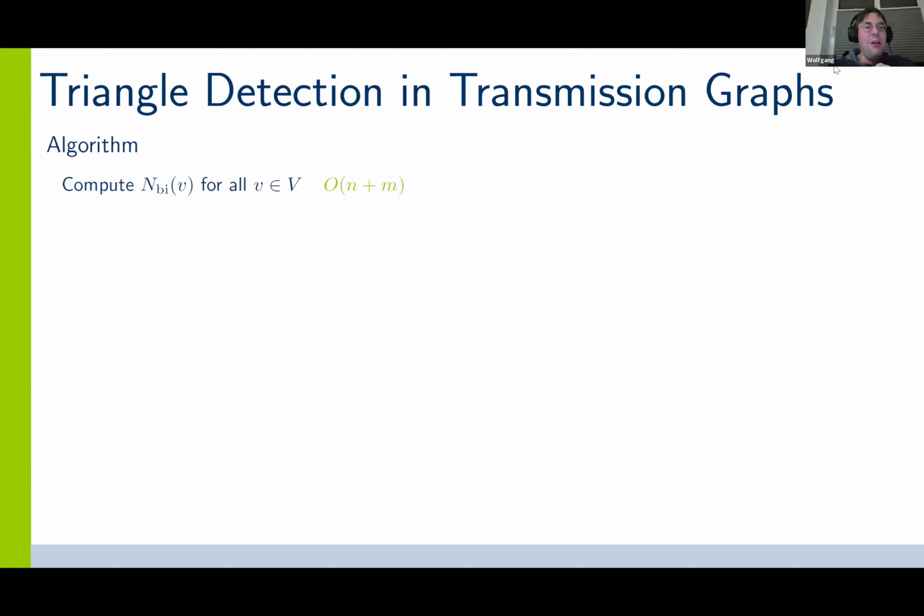And the first thing that we do is, for each vertex, we compute the bidirectional neighbors using this merging of the adjacency lists trick and transposing trick in linear time, in time n plus m. And then basically we do what I showed.